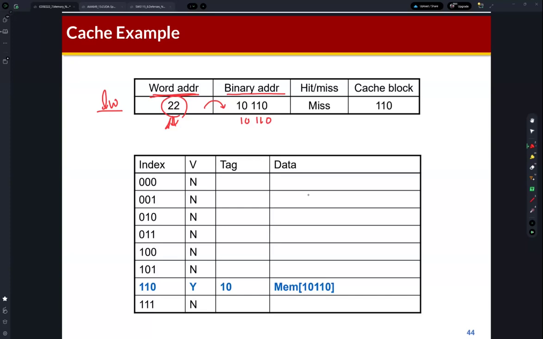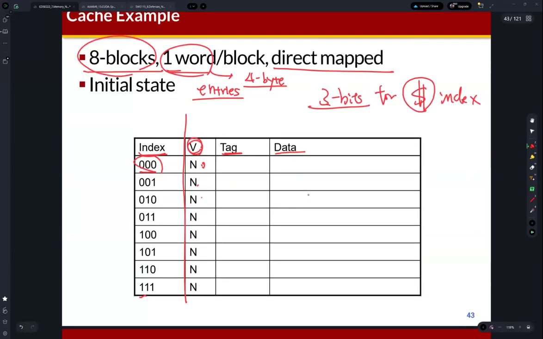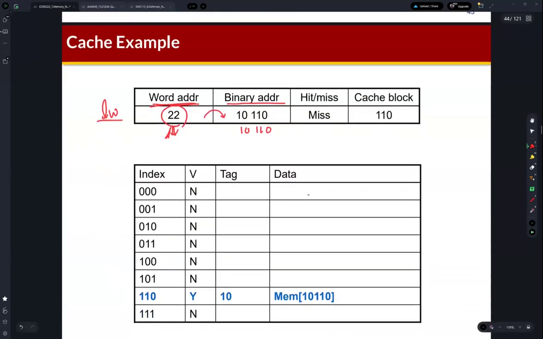If the data is not found, it's a cache miss in L2, and the processor accesses the L3 cache. Initially, the cache is empty, so the load word accesses the L1 cache, and the cache is empty.